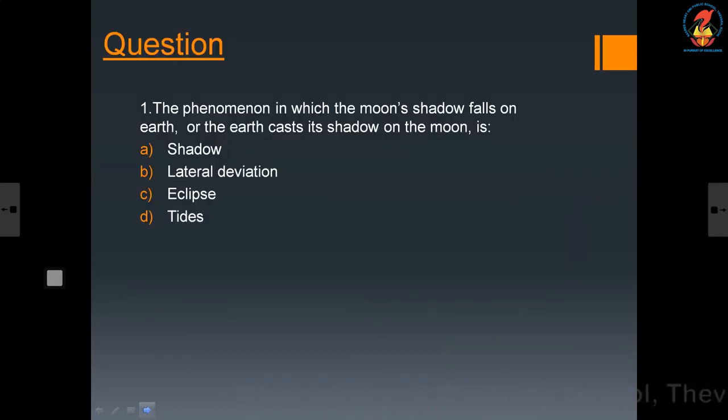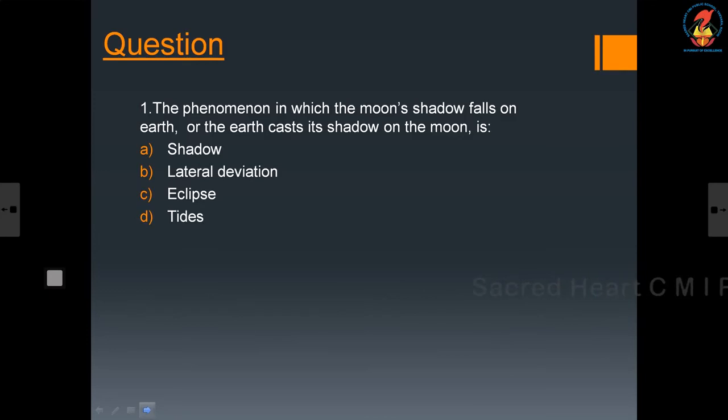Now, one question is there. The phenomenon in which the moon's shadow falls on earth or earth casts its shadow on moon is, out of these, which one is the correct answer? Shadow, lateral deviation, eclipse or tides. Just find the answer.